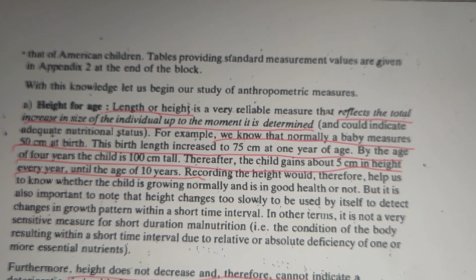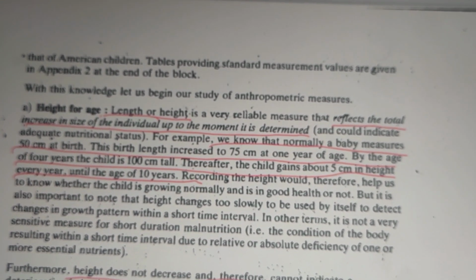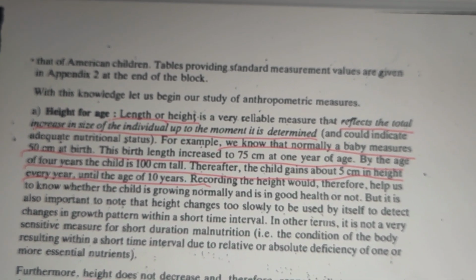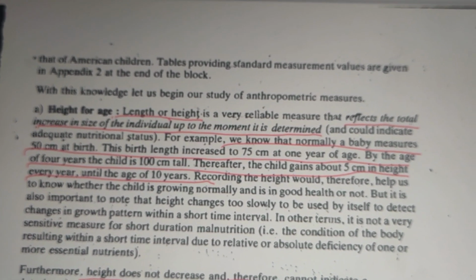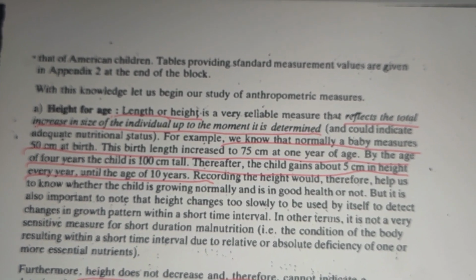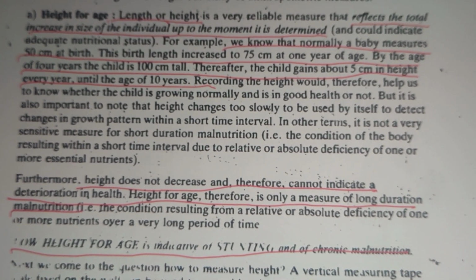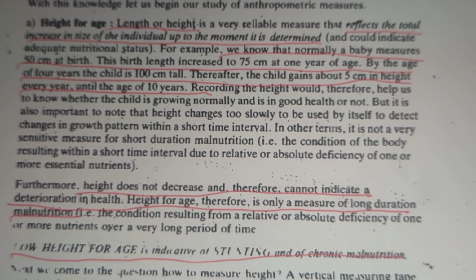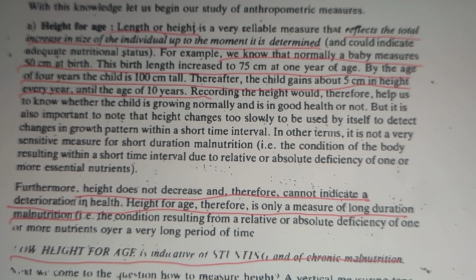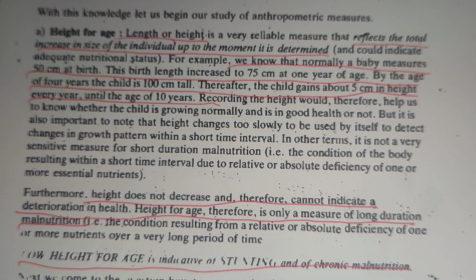Then for each year, 5 centimeters keeps on increasing until the age of 10 years. So recording the height helps us to know whether the child is growing normally and is in good health or not. Height does not decrease and therefore cannot be indicative of deterioration in health. Height for age therefore is only a measure of long duration malnutrition.